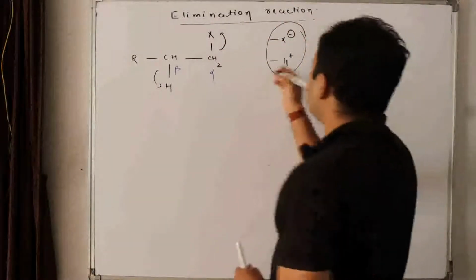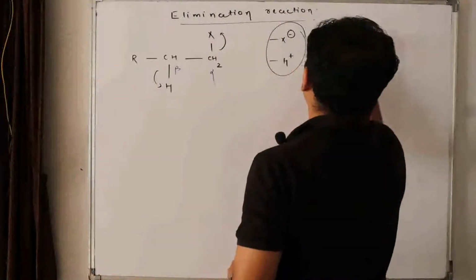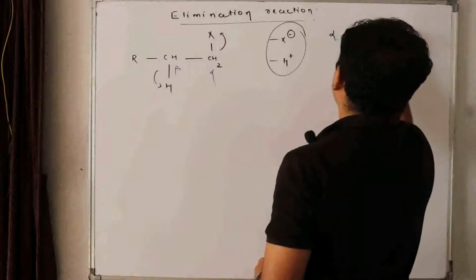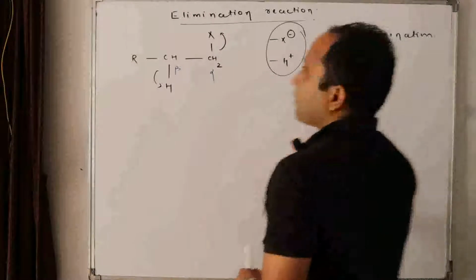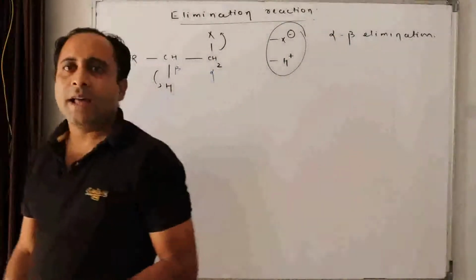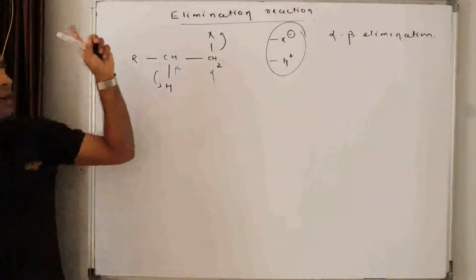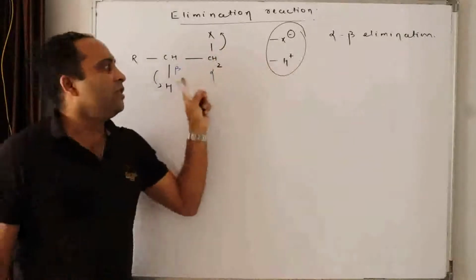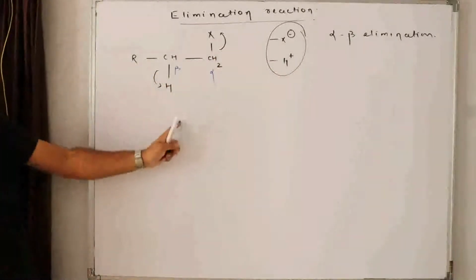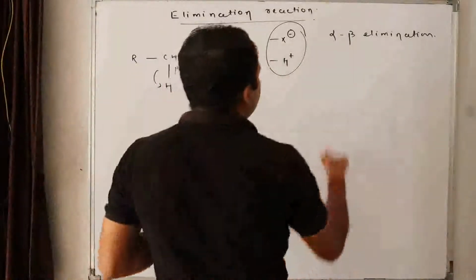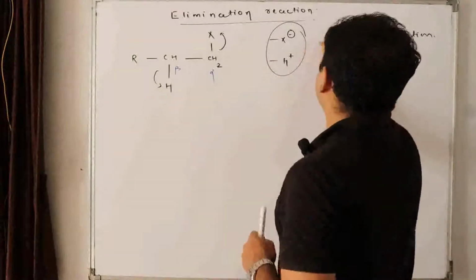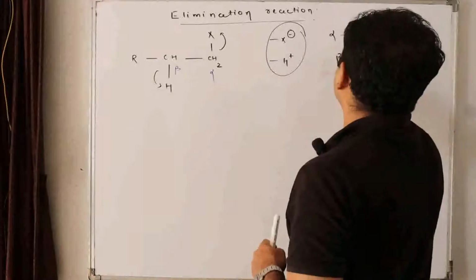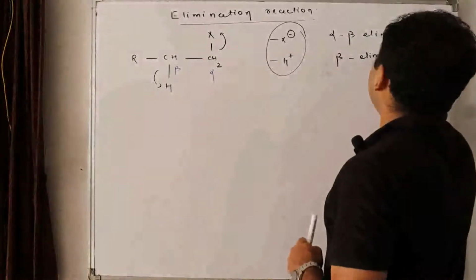Therefore, these types of reactions are sometimes called alpha beta elimination. Why? We took out X from the alpha position and H from the beta position. Or sometimes we say it as beta elimination only. There is no problem.